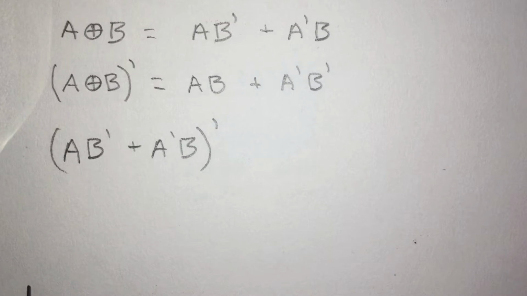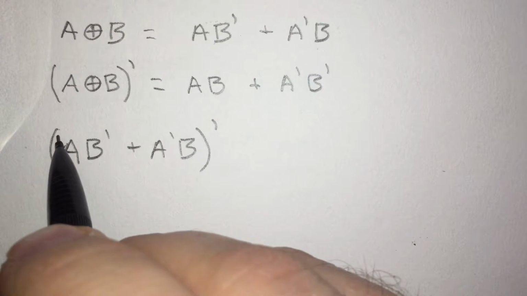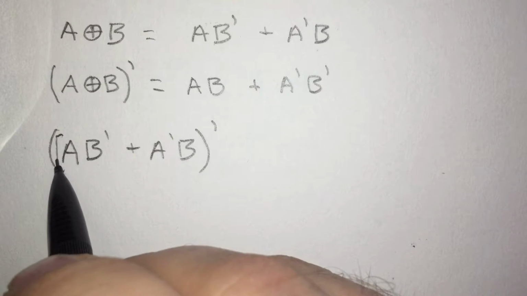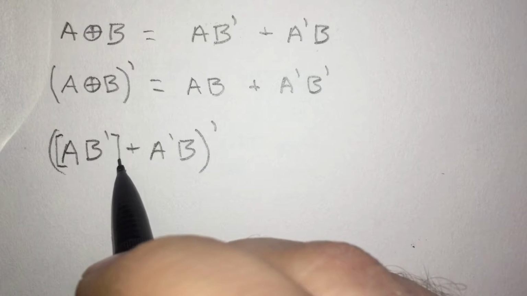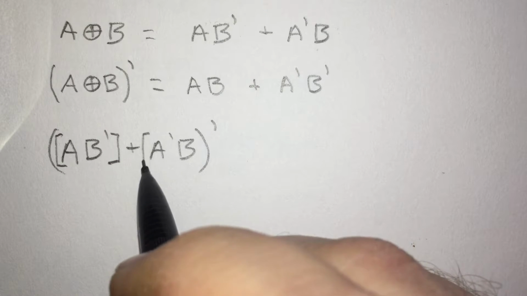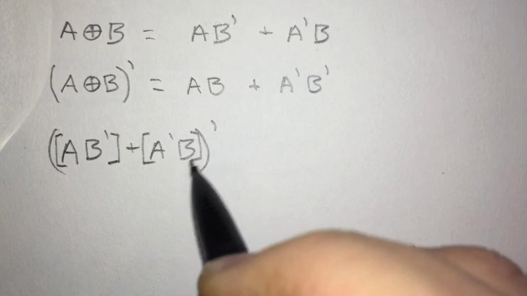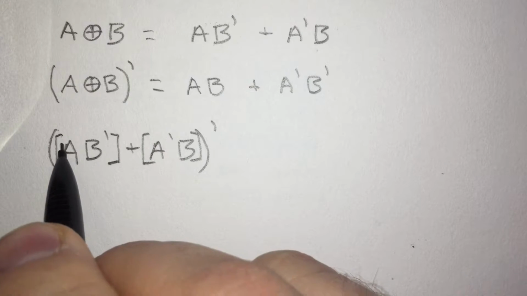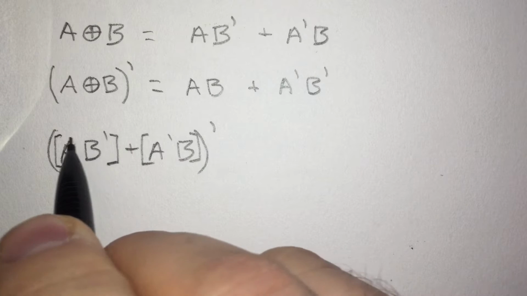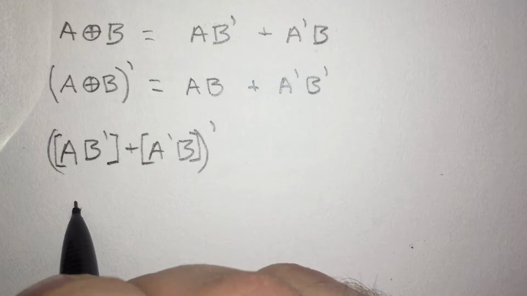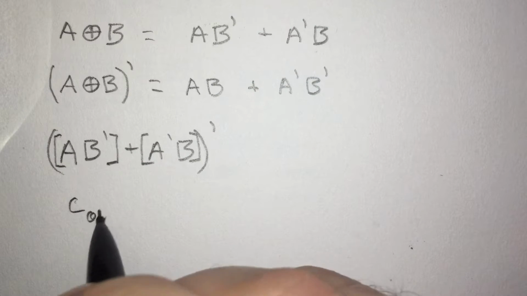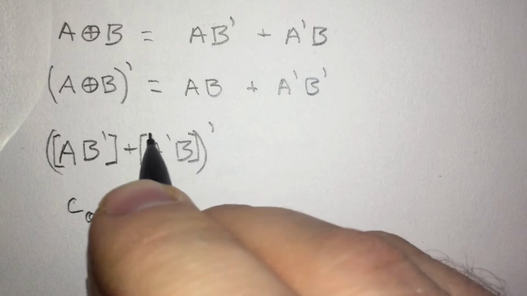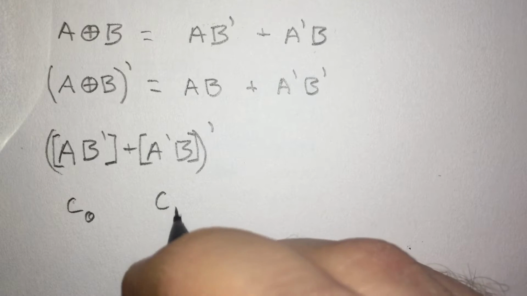And just to make our lives that little bit easier, why don't we put this term inside brackets and this term inside brackets, and we'll refer to this whole thing as C0. We'll refer to this as C1.